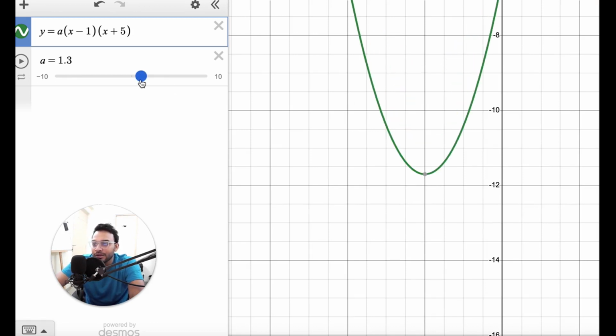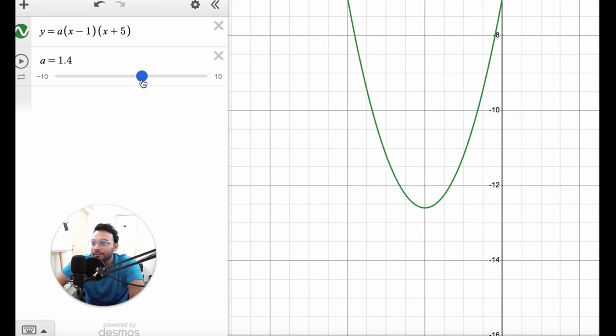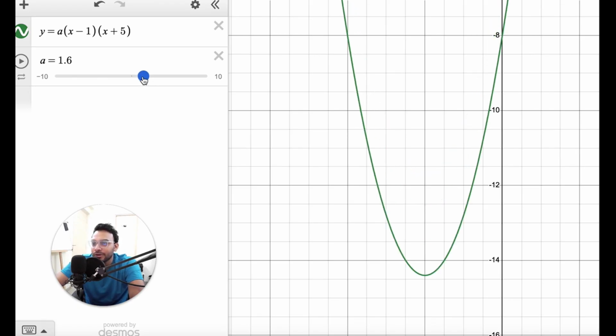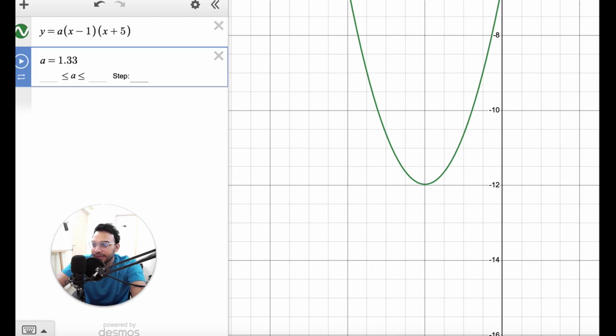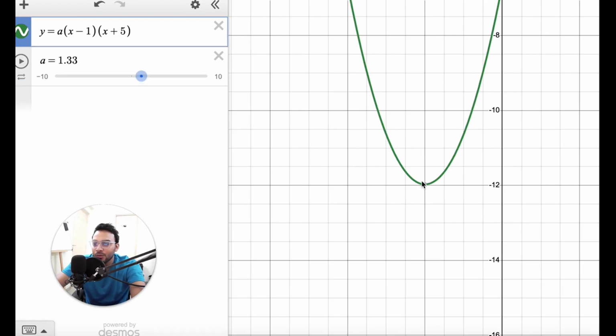1, 1.1, 1.3, 1.4. Okay, between 1.3 and 1.4, it's crossing negative 12. So let's put the values accordingly. 1.3, 1.31, no, 1.32, 1.33, 1.34, oh, that crosses. So 1.33 is the point where it's reaching 12.